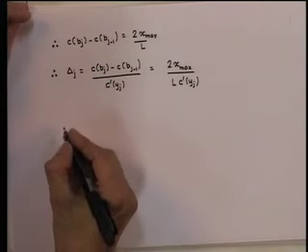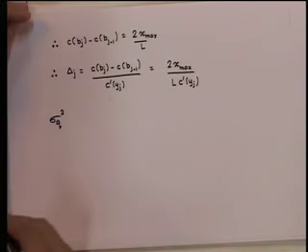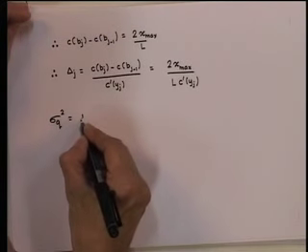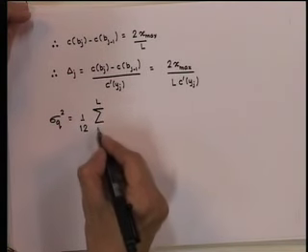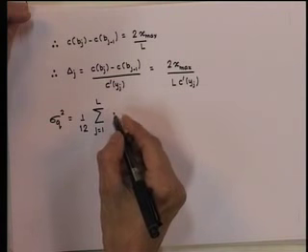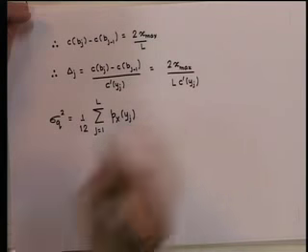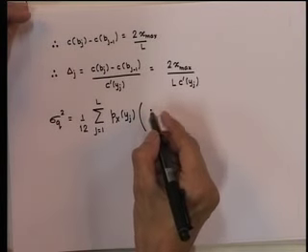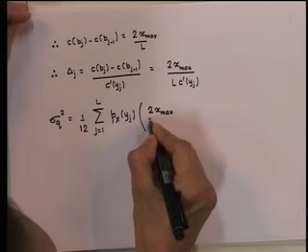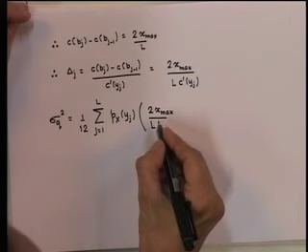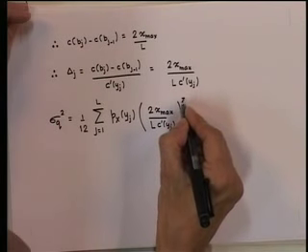Using this relationship, we can rewrite the mean square quantization error as follows: 1 by 12 summation over j equal to 1 to L, delta j cubed, where delta j can be approximated by 2 x max upon L times C dash y j, whole cube.